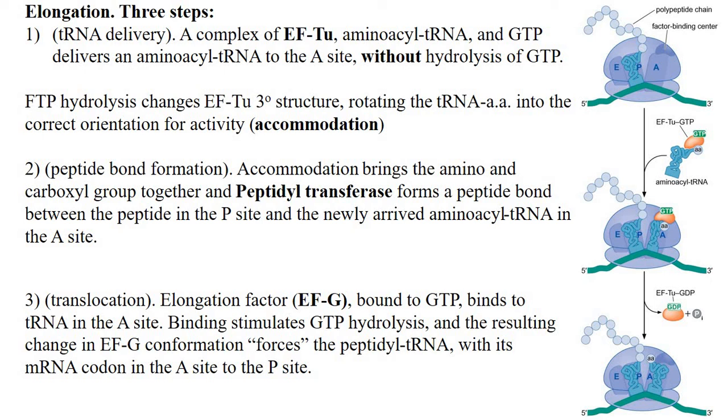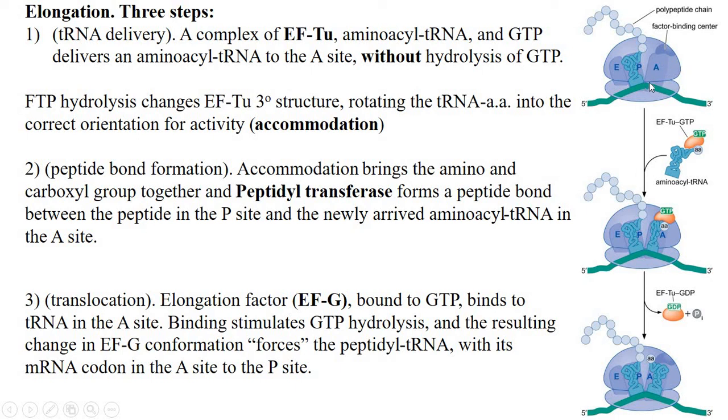What this all means is that during tRNA delivery, elongation factor 2 will bring an aminoacyl tRNA. So this is your initiator amino acid, methionine, or the modified methionine in the case of prokaryotes. So methionine is already here. The next amino acid depends on what the codon is.